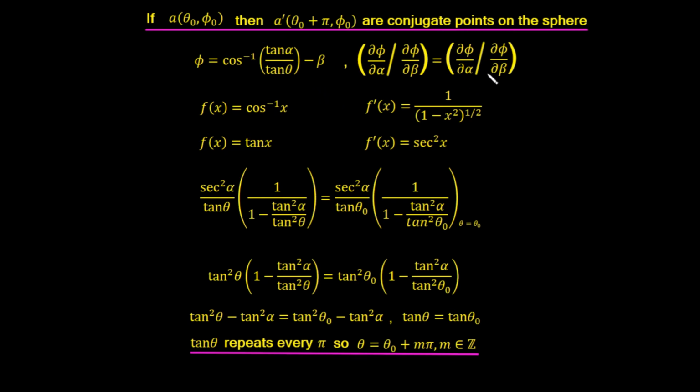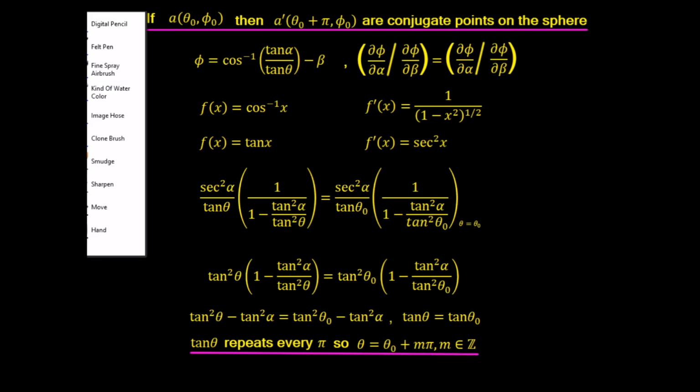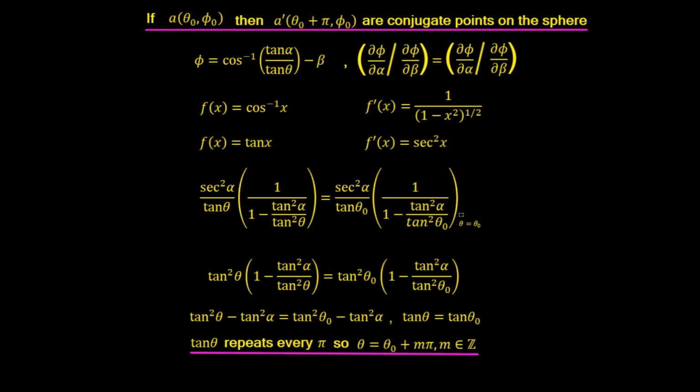So now what we have to do is apply our calculus of variations, where we learned how to find the conjugate points analytically. So this is the equation for finding the conjugate points analytically.